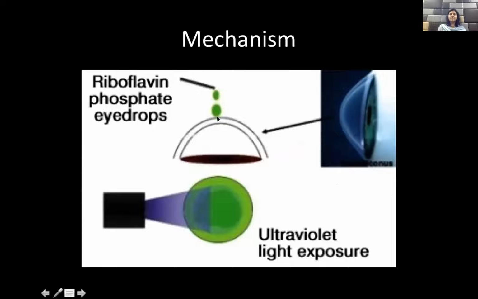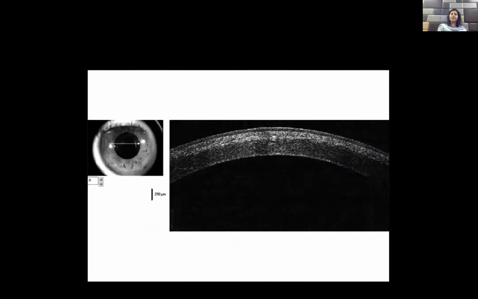You give it time so that the riboflavin is nicely soaking the cornea. After that, you subject the cornea to ultraviolet radiation. And by that ultraviolet radiation and the riboflavin, there are reactive oxygen species which are formed, which help to form bonds between the collagen fibrils. And by theory, you have a stronger cornea.